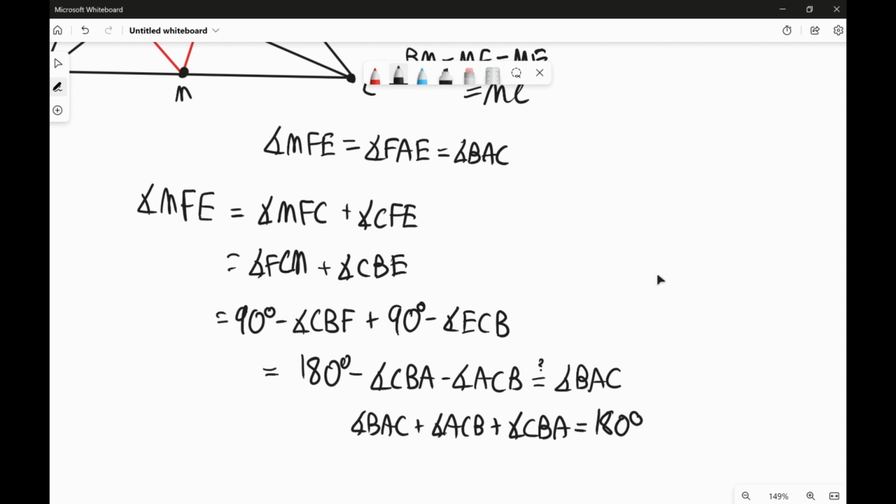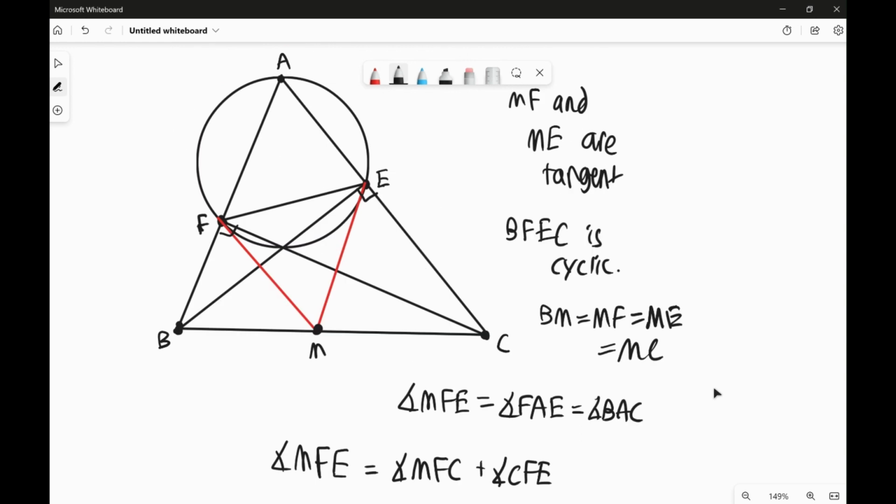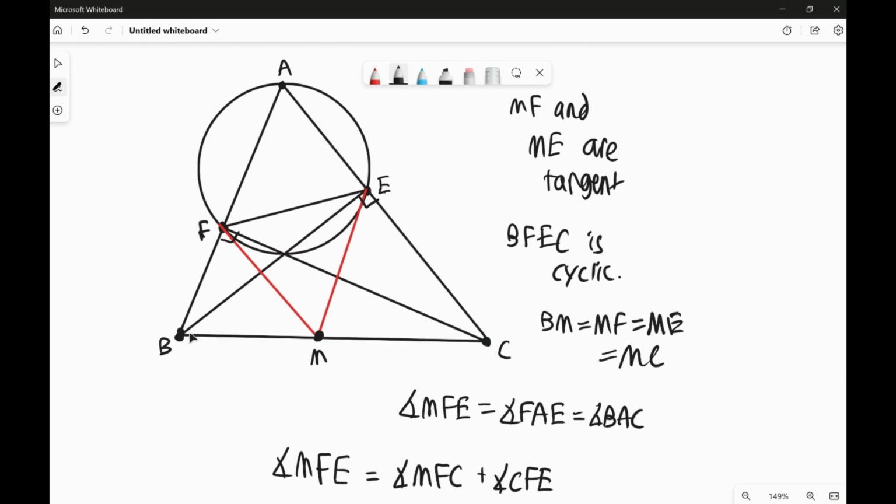But this is just the angles of a triangle. The sum of the angles of a triangle is 180 degrees. So therefore, we have proven that angle MFE is equal to angle FAE. So MF is tangent to this circumcircle here. And by symmetry, ME is also tangent. So it turns out the tangents from F and E of the circumcircle here meet at the midpoint, which is very surprising.